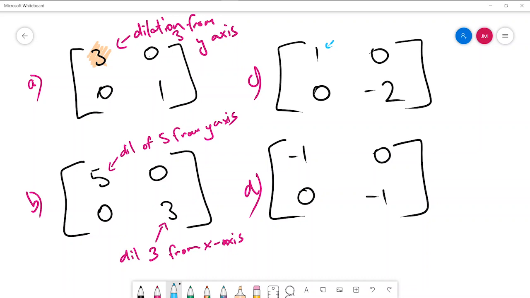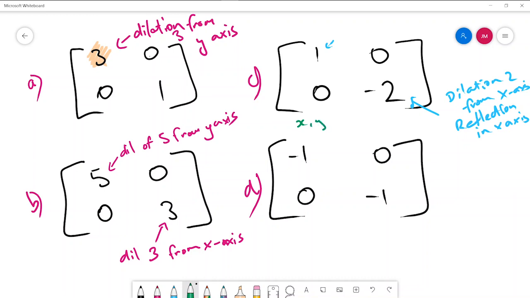So remember, we're going to have a dilation and a reflection. So we're going to have a dilation 2 from, now it's multiplying the y, so it's from the x-axis. And we're going to have a reflection in the x-axis. Okay, because that would give us x, y maps to x, negative 2y.